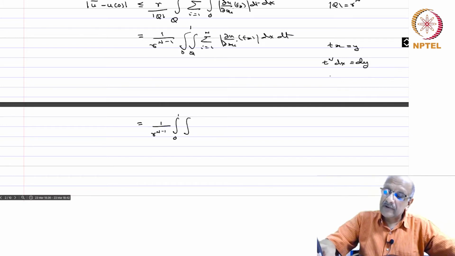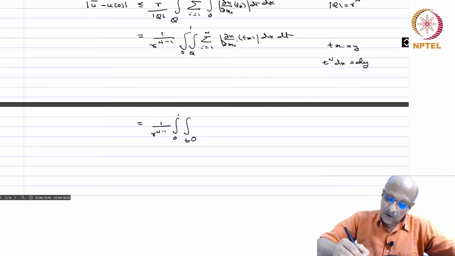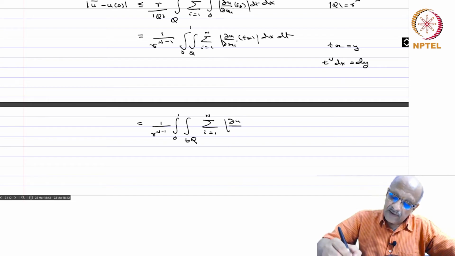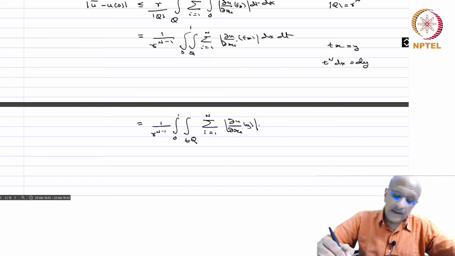Therefore you get t power n dx equals dy, and therefore this will become integral over tQ of sigma i equals 1 to n of mod du by dxi at y, and then you get t power minus n dy.